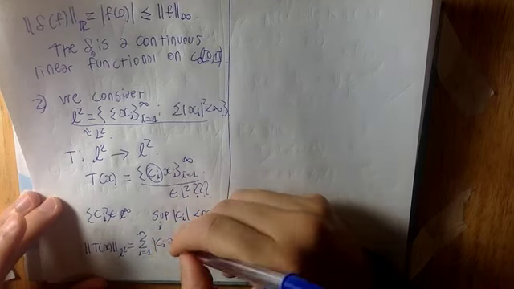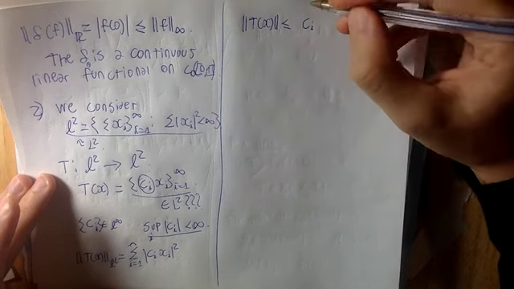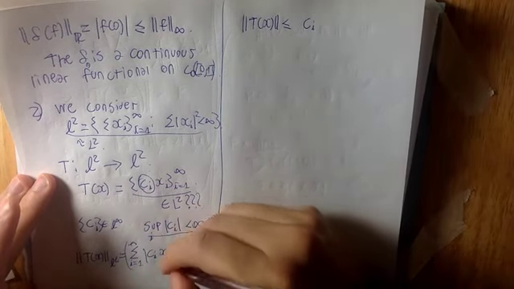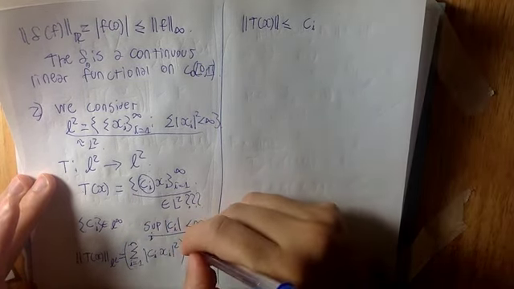Using the bound on the c_i, this is going to be less or equal than the norm of c in little l infinity times the norm of x in l2. And this is a sharp bound.